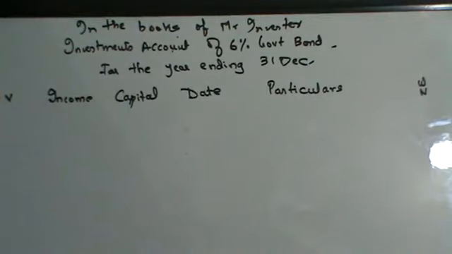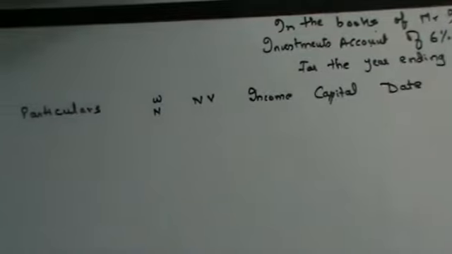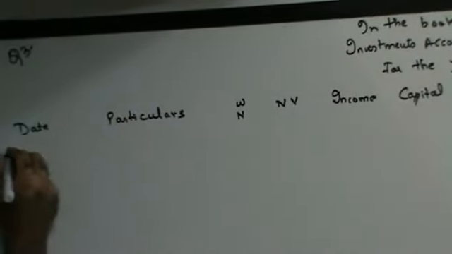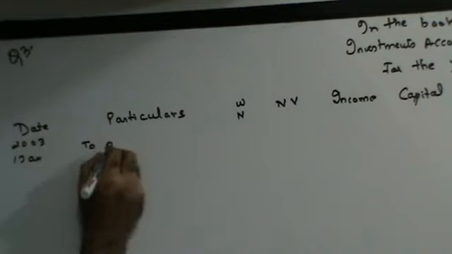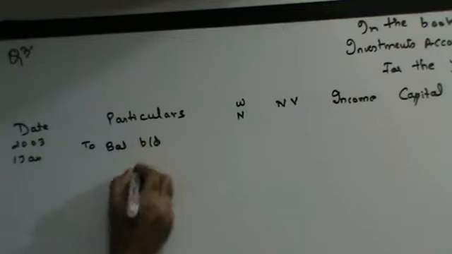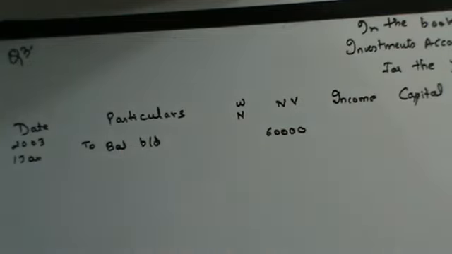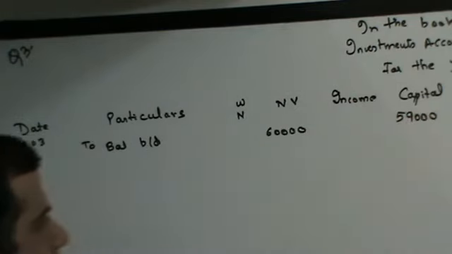Mr. Investor furnishes the following details regarding his holding in 6% bonds. Opening balance on 1st Jan 2003, to balance brought down. Opening balance is 60,000 rupees. Cost of those debentures is given to you as 59,000 rupees.